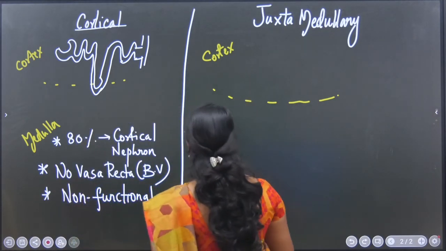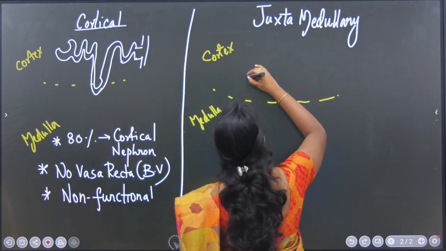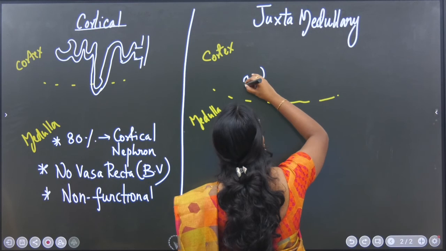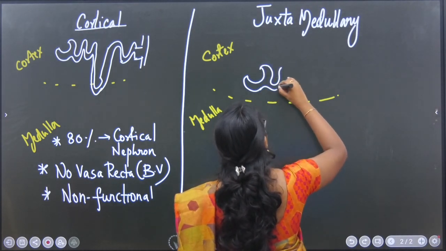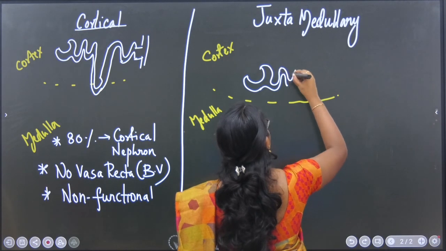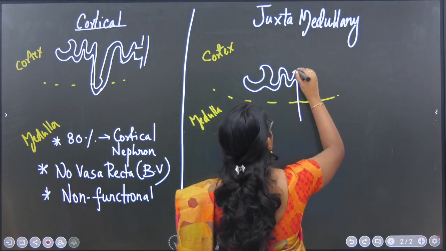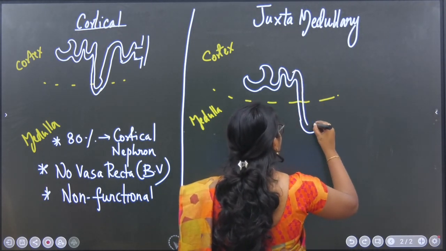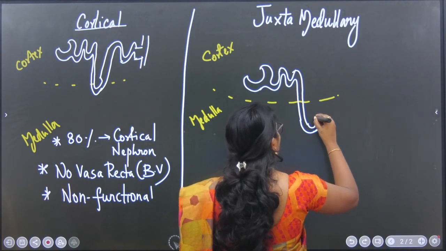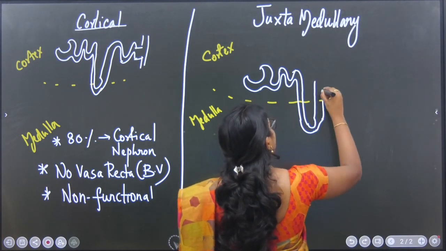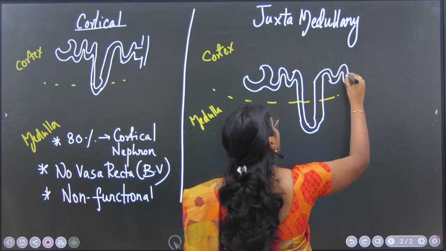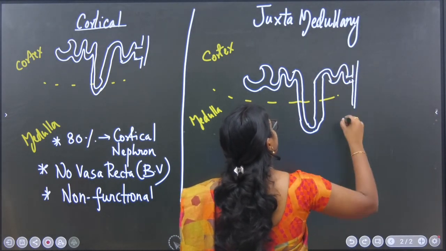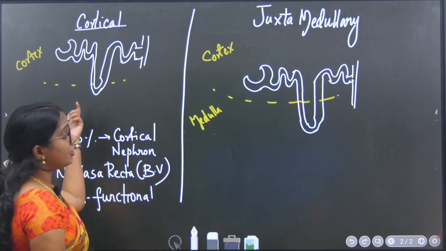And the next type is juxtamedullary. If you take the juxtamedullary nephron, see its location. Here you can see the difference, right?